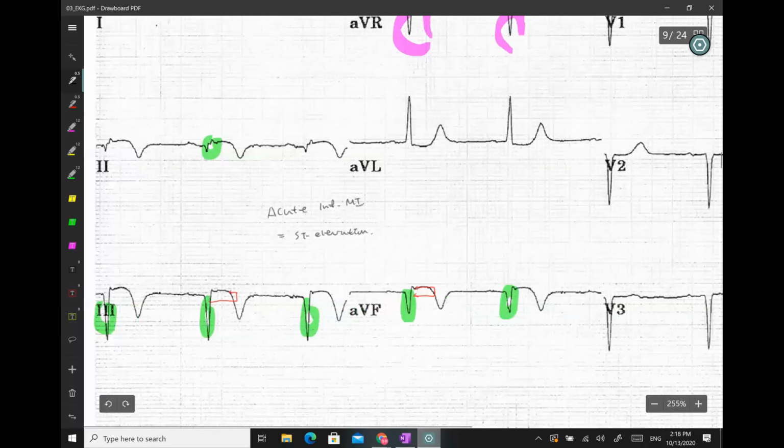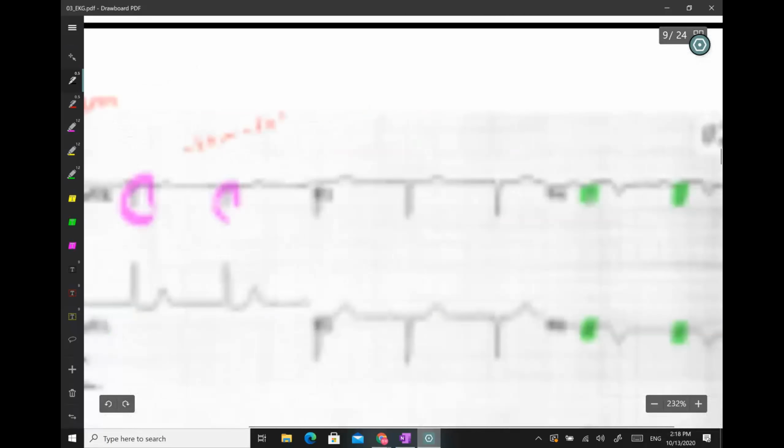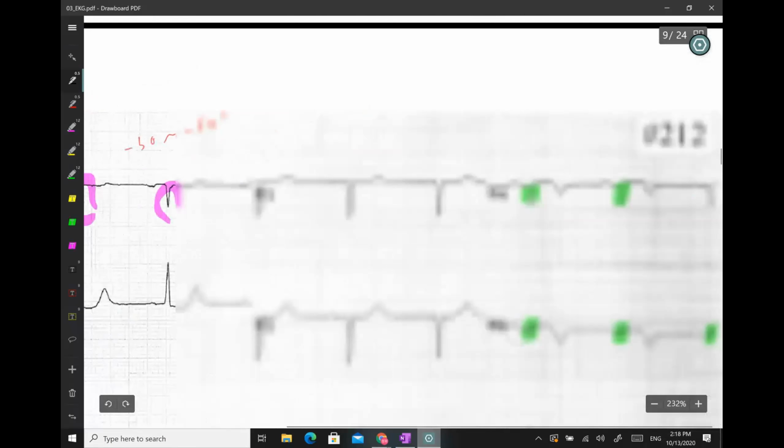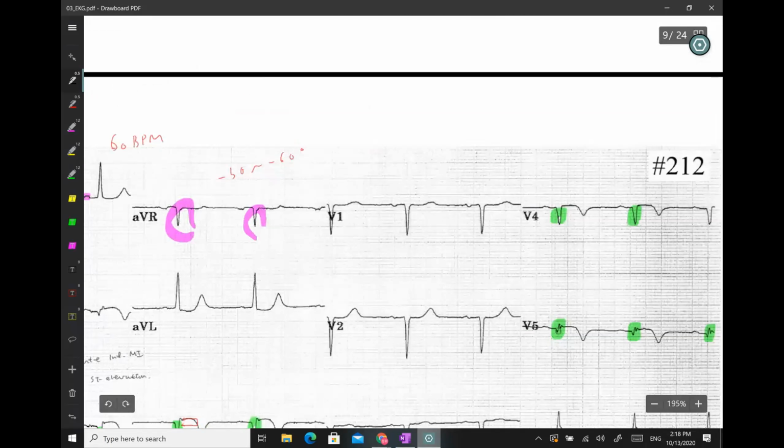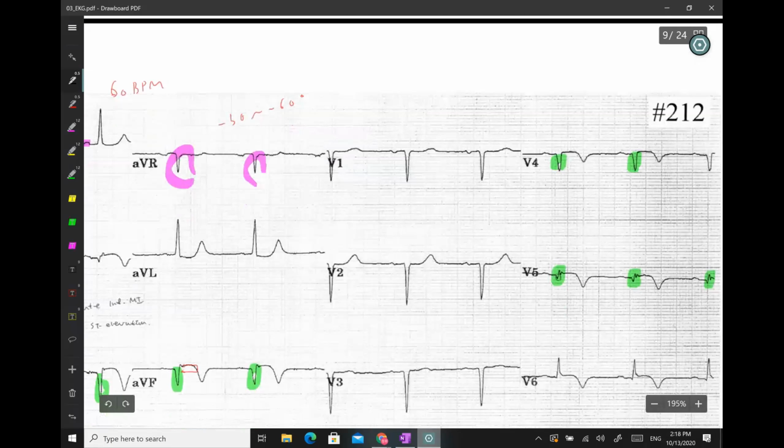V1 to V5. Do we have ST elevation? And how much should be the ST elevation in the chest leads? About 1 millimeter. 2 millimeters. And this is not.